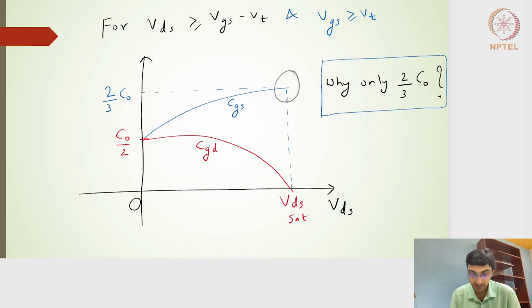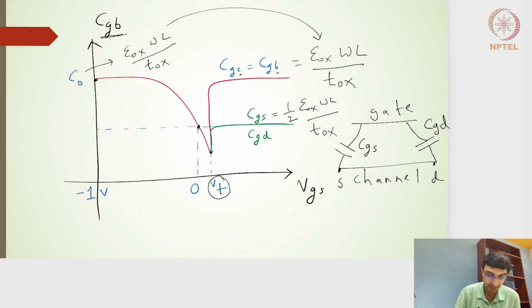Now let's see what happens in the region when VDS grows greater than VGS minus VT. In the earlier graph, in the previous slide, we had capacitances associated with VGS.